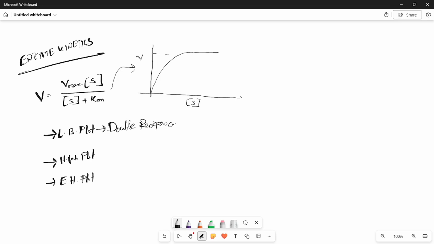Double-reciprocal plot. And the other two are single reciprocal plots.